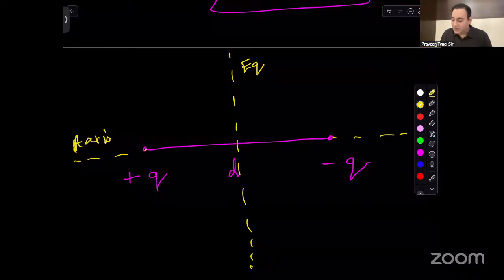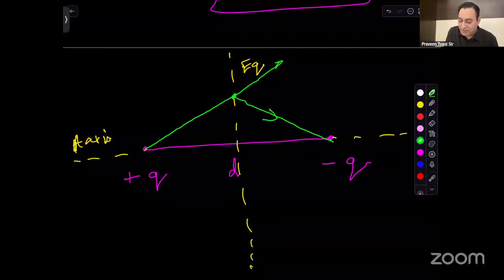Now, if I want to find electric field at any point on the equator, I can find the electric field due to this point charge. This will be in this direction. I can find the electric field due to this point charge in this direction. I will resolve them. I'll find out these components of both will get added. These two components will get cancelled. They are equal and opposite. Now, and you will get a result.